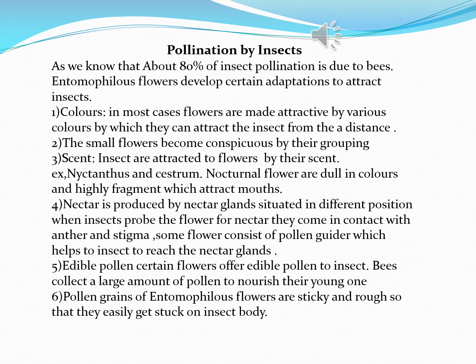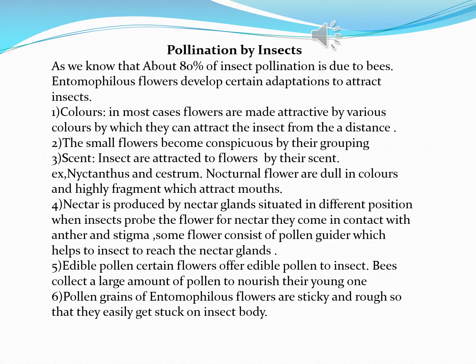In this slide we are going to discuss the characteristics of entomophilous flowers. We know that 80% of insect pollination is due to honeybees. The entomophilous flowers develop certain adaptations to attract insects, and we discuss them one by one. First is colors.